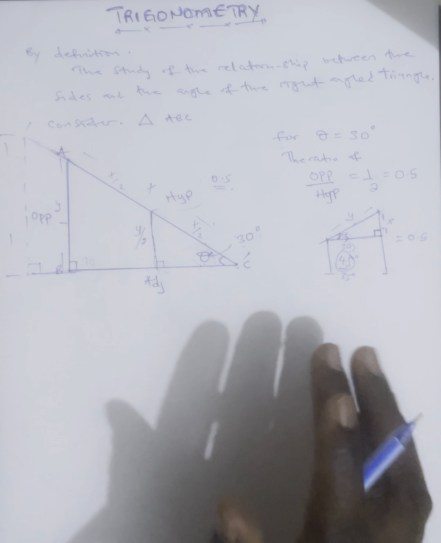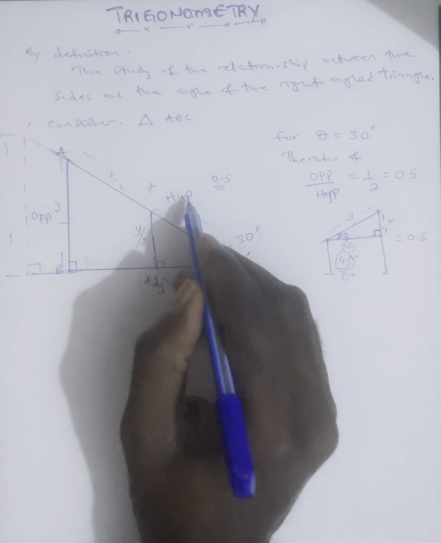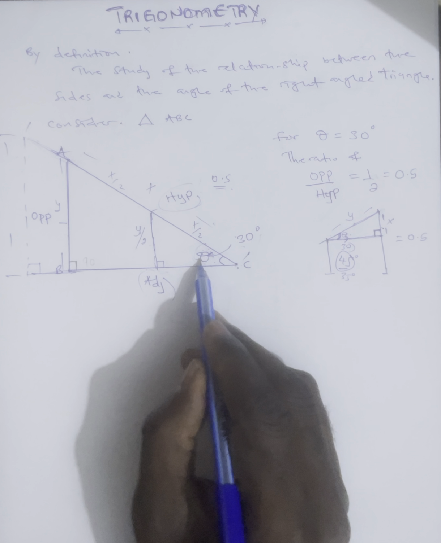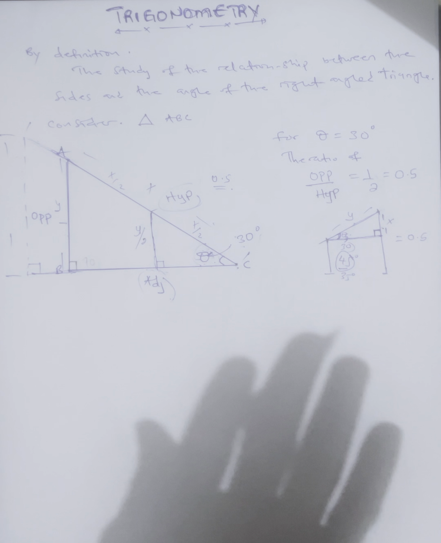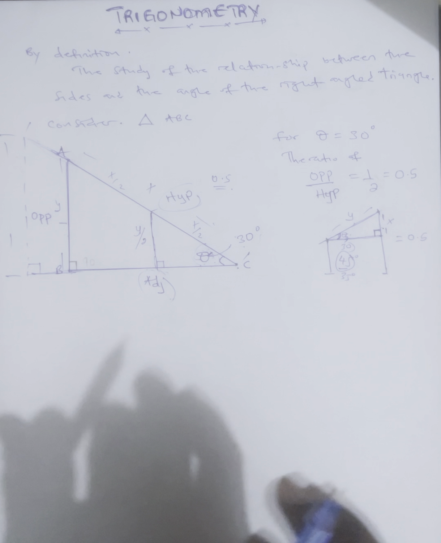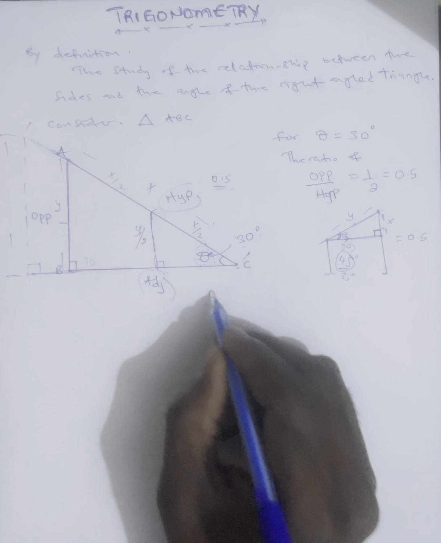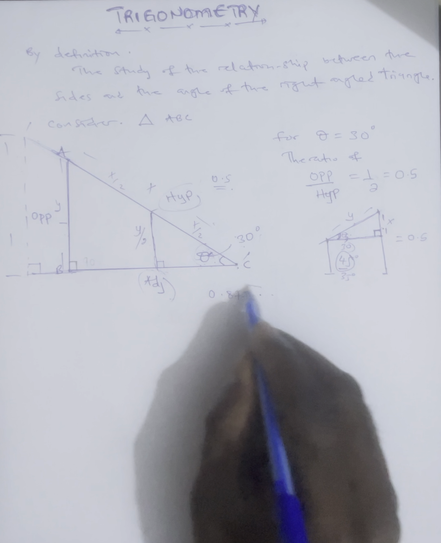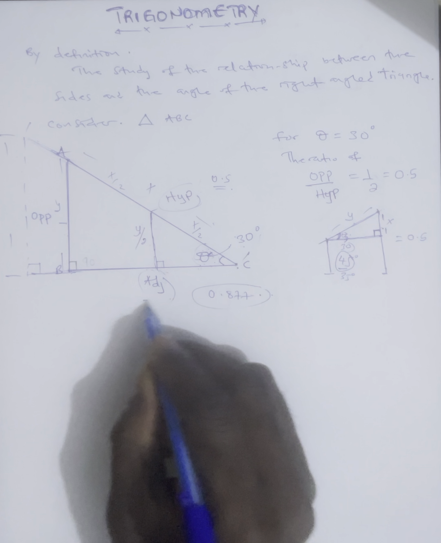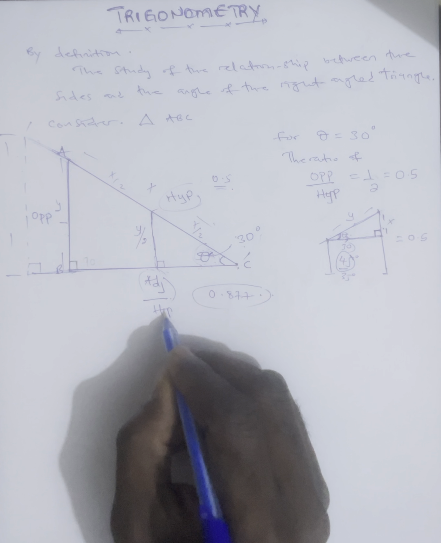The same applies to the adjacent side and the hypotenuse side. For the same angle, the ratio of adjacent side to hypotenuse side is also constant. So if the ratio is 0.877, it will remain the same as adjacent over hypotenuse.